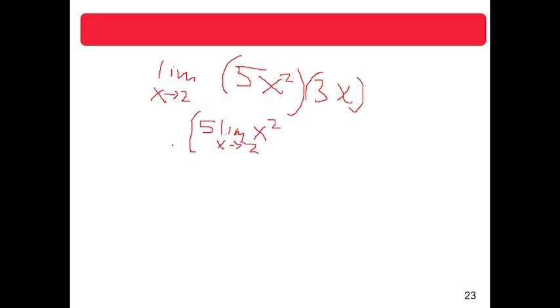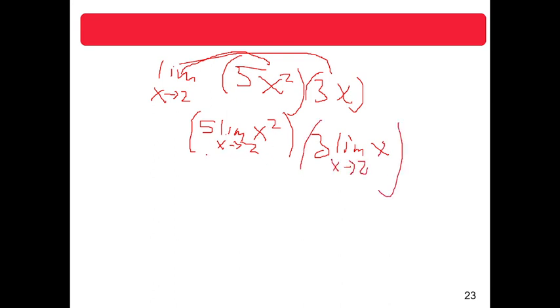So this is your function, right? You have 5x squared as x approaches 2. From your other side, you are going to distribute to both terms. As we have 3x, that is 3 times the limit of x as x approaches 2.